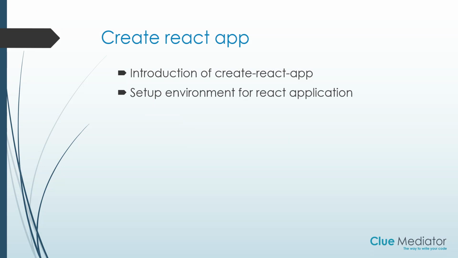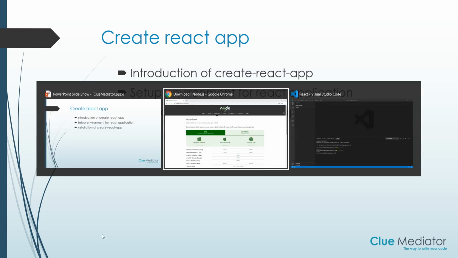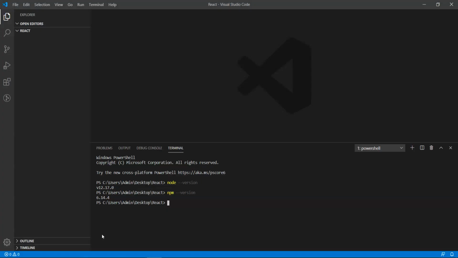Now let's jump into the next point, installation of create React app. After successful node installation, let's install create React app. For that I am writing the following command in VS Code: npm install -g create-react-app.